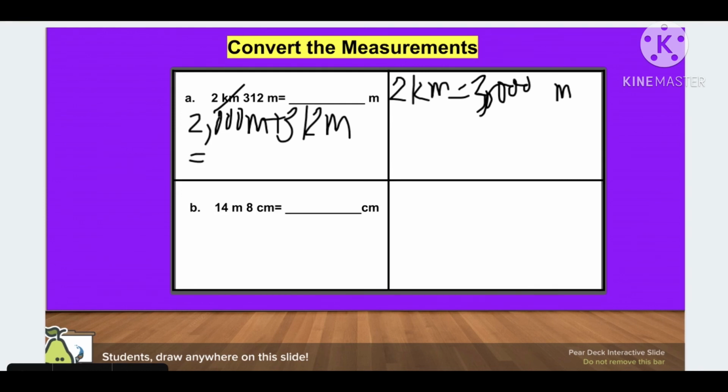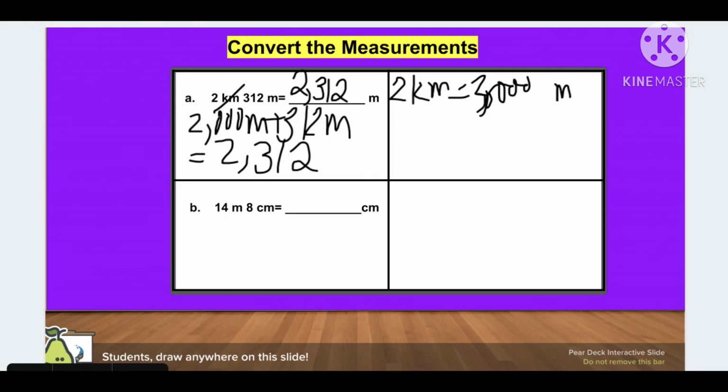So now I have 2,000 meters plus 312 meters. What's my sum? 2,000 plus 312. Absolutely, 2,312. So I'm going to put that answer on the top.